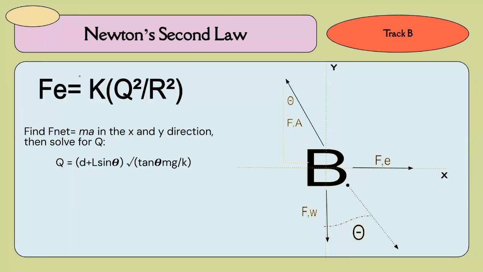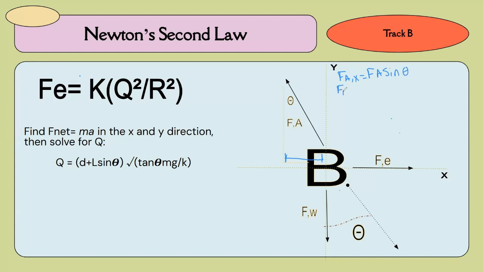Here, the force applied in the x direction is equal to Fa sine theta. That is this right here. Fa in the x direction is equal to Fa sine theta.